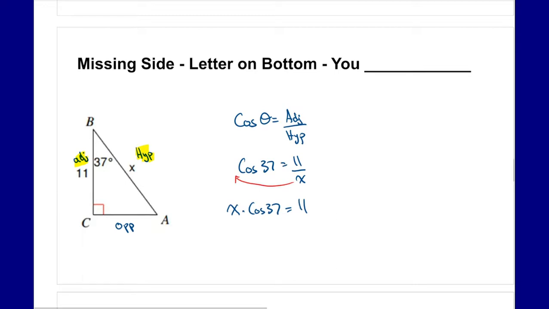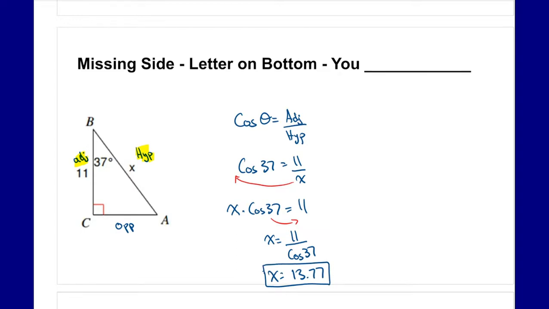So I need to move this cosine to the other side, where it then becomes division. So 11 divided by cosine 37 will give me my side length. So 11 divided by cosine 37 gives me a side length of 13.77.